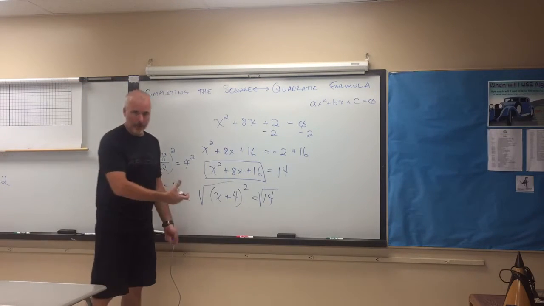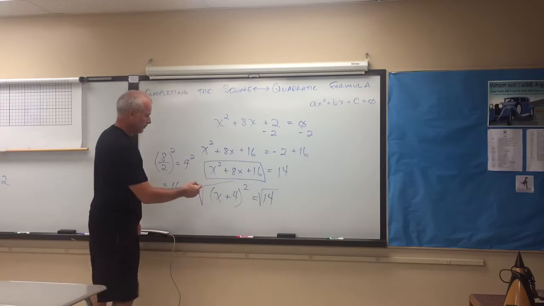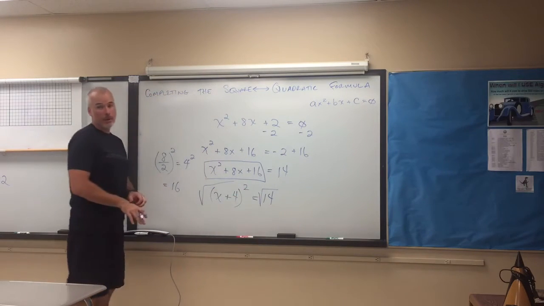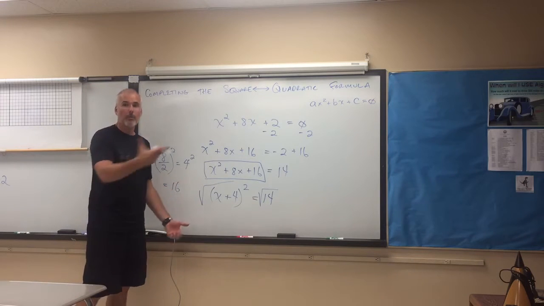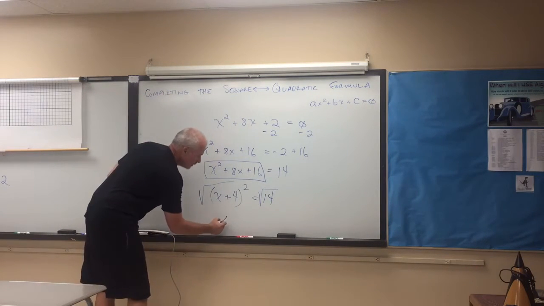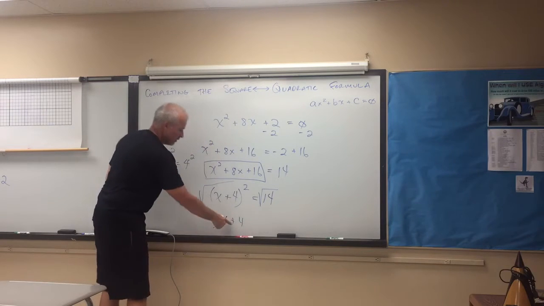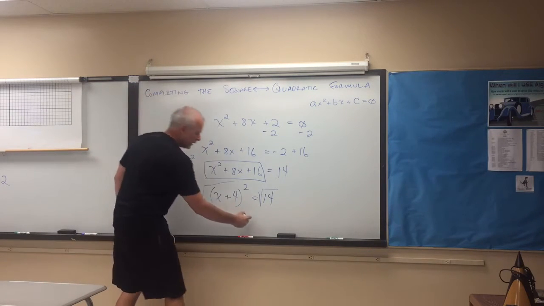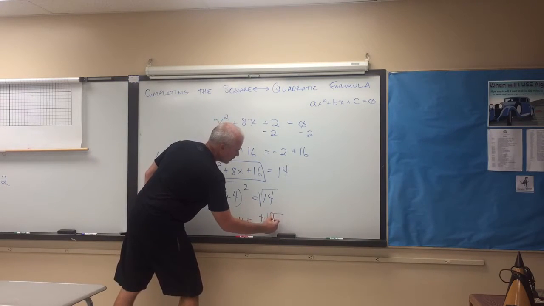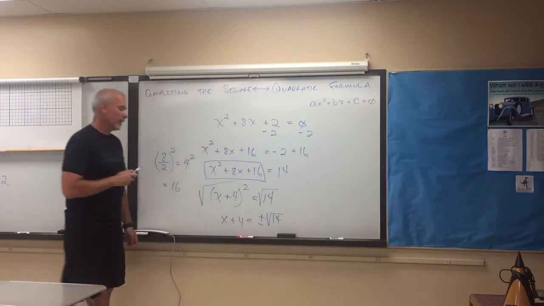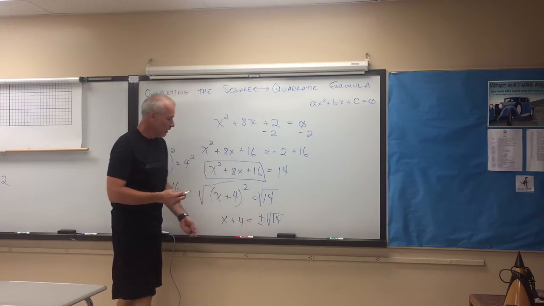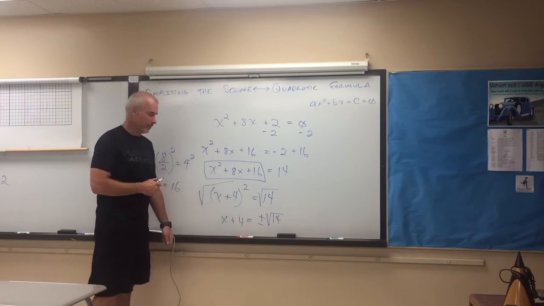I might be asking for this rather than actually dictating it. And when I take the square root of this side, remember, I have to consider both the positive and the negative square root. So what I wind up with is the square root of the left side equal to the positive or the negative square root of the right-hand side. That's how I get my two solutions, my two roots to this equation.